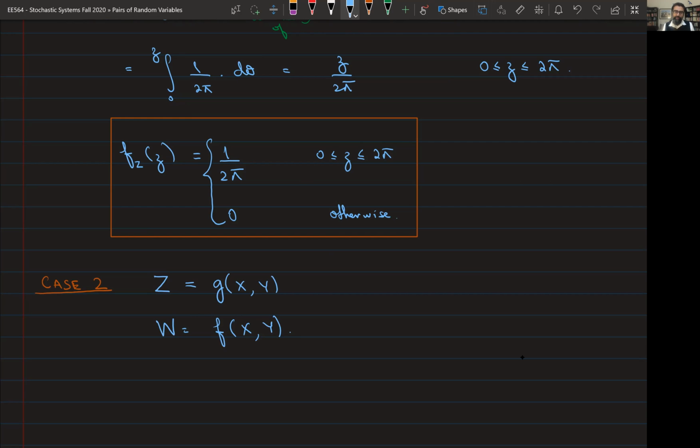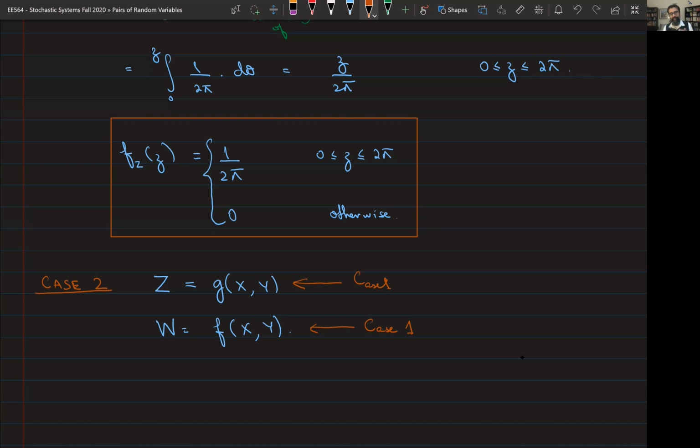Okay, now the question I have for you is why, right? Why does it need to be dealt with differently? Can't you just say, okay, I am going to apply whatever I did up above, which is case 1, on z, on the function g, and I'm going to do this again for this f of x, y as well?